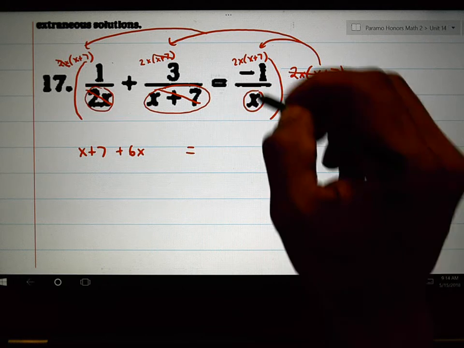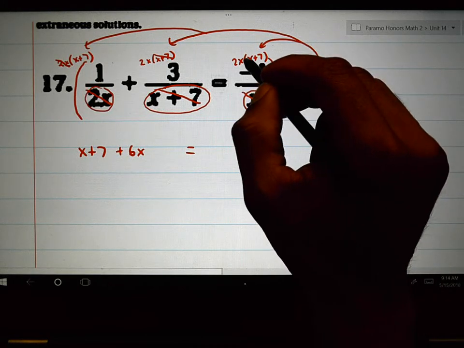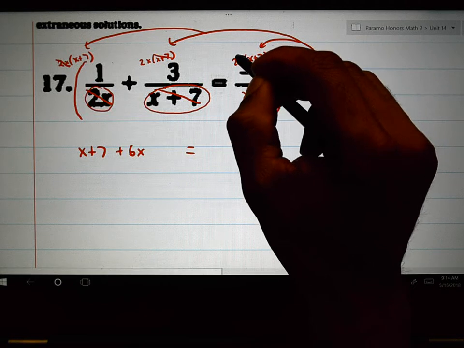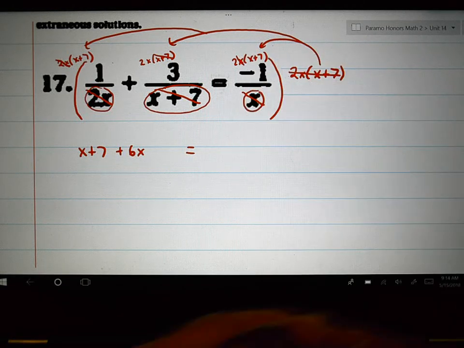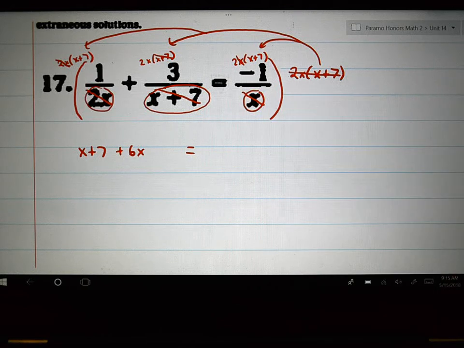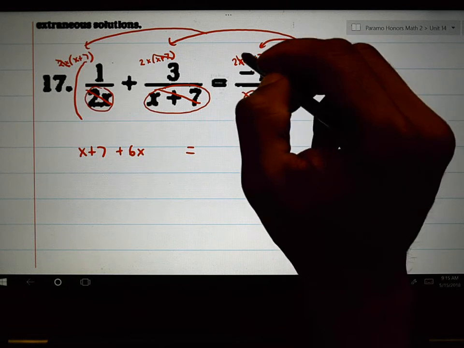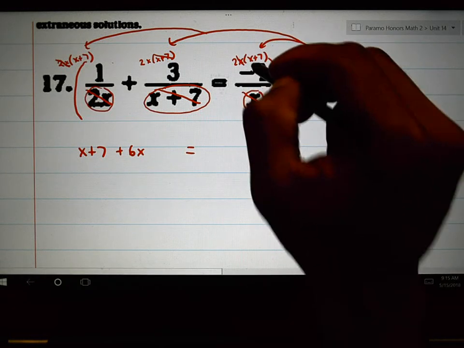If I do this right, the x is going to go into the x that's in front. Because that x in front is multiplying the whole group and is not with a plus 7. I can't reduce the x in the x plus 7, by the way. It has to be the one that's in front. So what I'm left with is this 2x plus 7 times a negative 1. It has to multiply that negative 1.